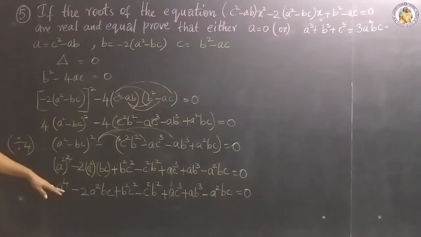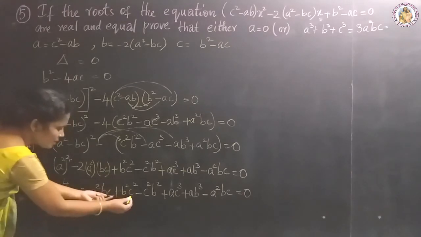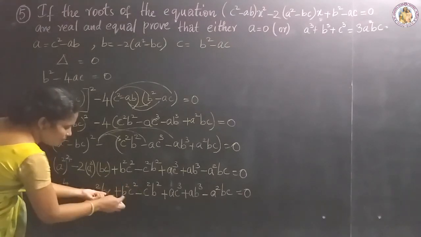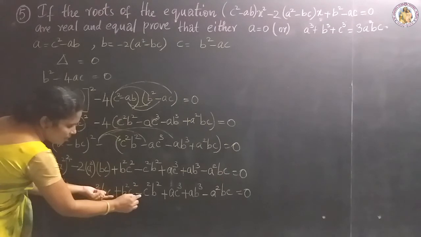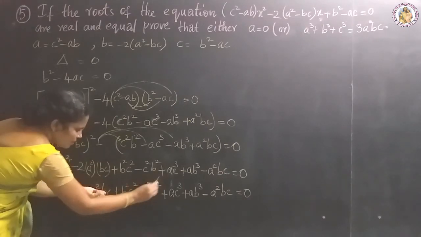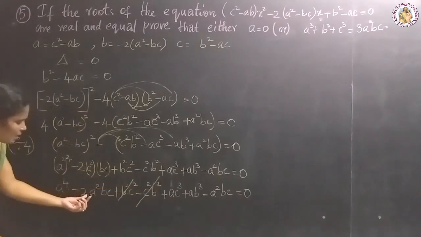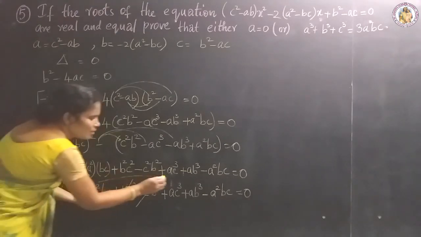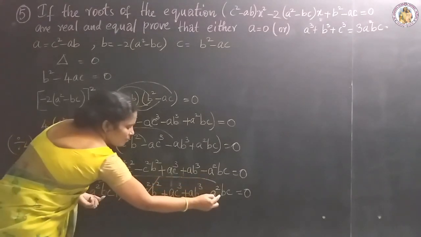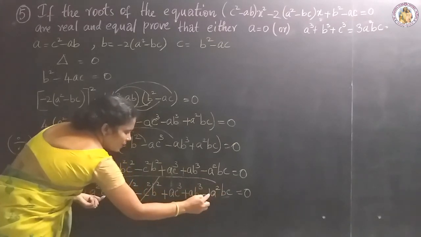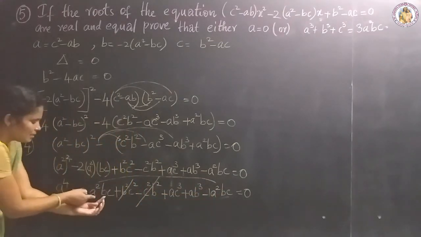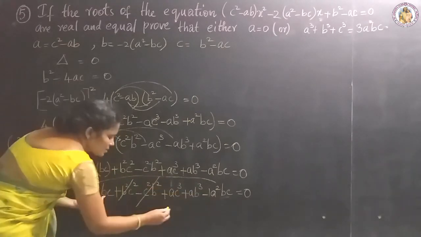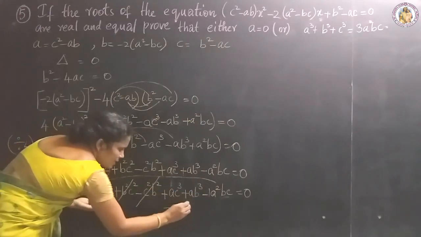Okay, and in the next step, find out the like terms. Here b²c² plus b²c² minus b²c², so cancel, and again here we have 2a²bc. You can see a²bc, but we have 1. So same sign, so 2 plus 1 it is minus 3a²bc.